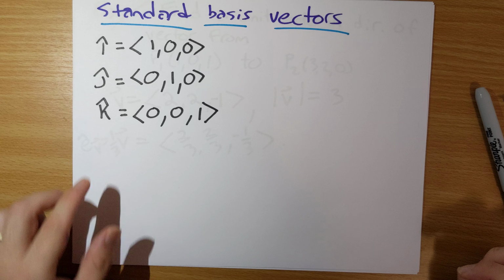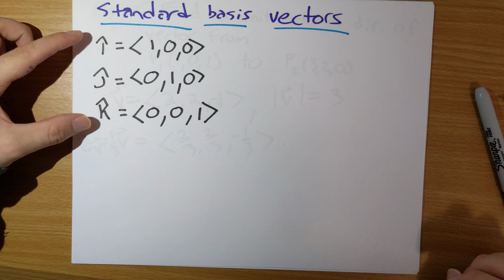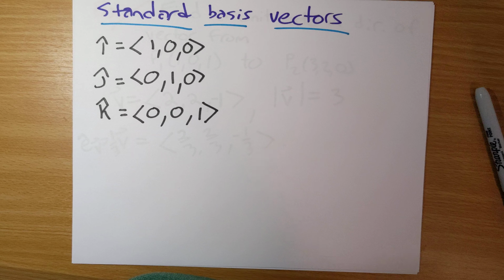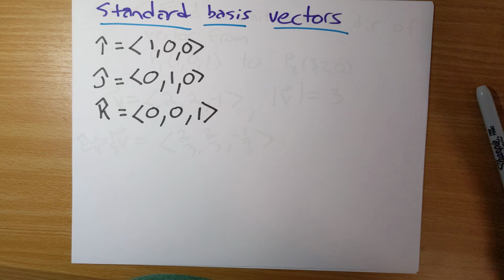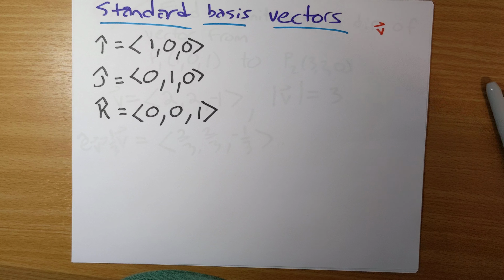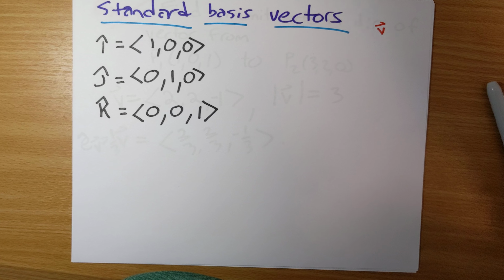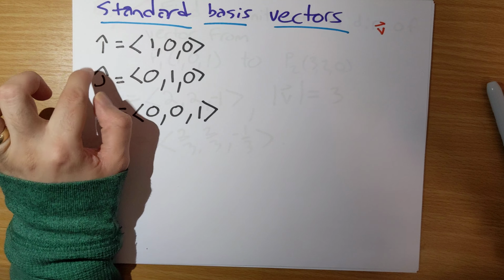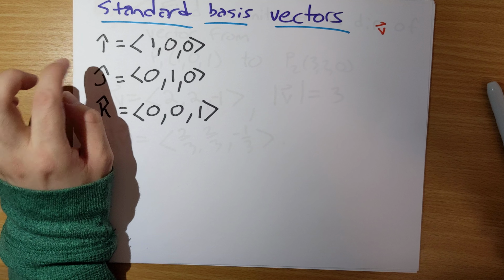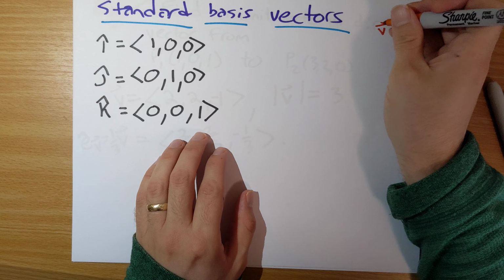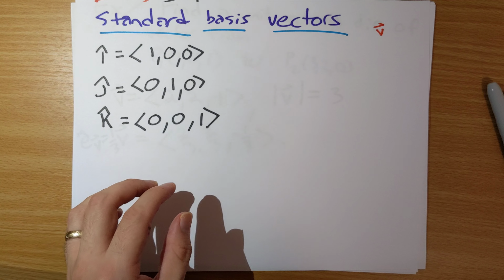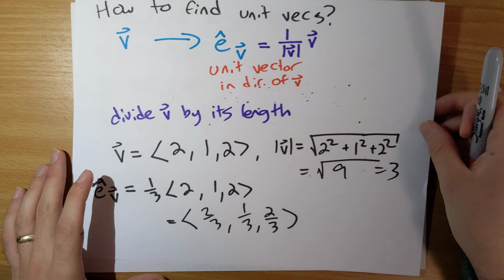Let me just talk about my notation and terminology here. I always want to put little vector symbols over my vectors like v here to remind us that it's a vector v.